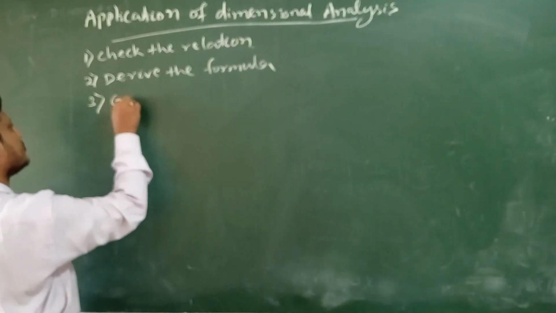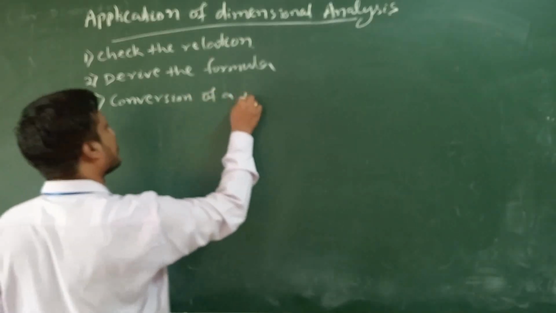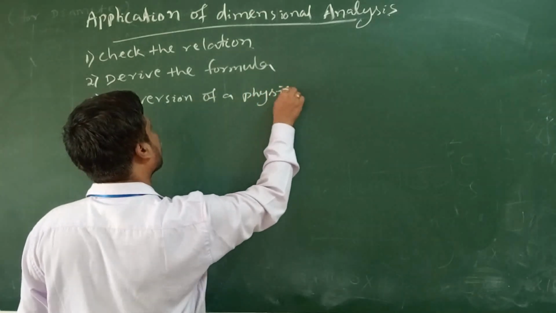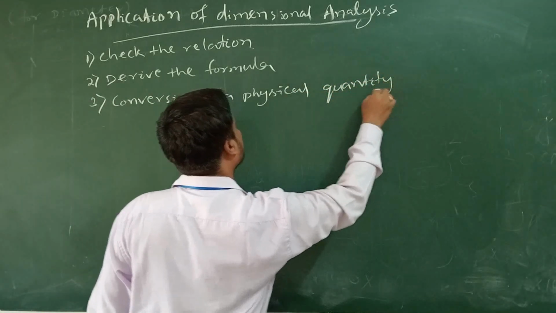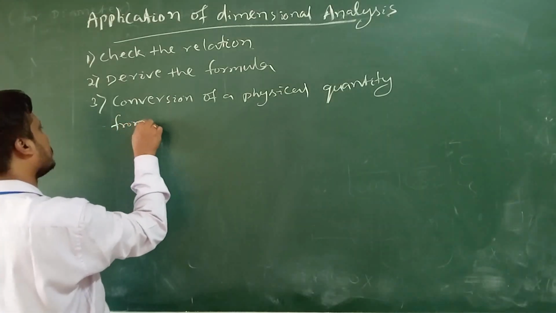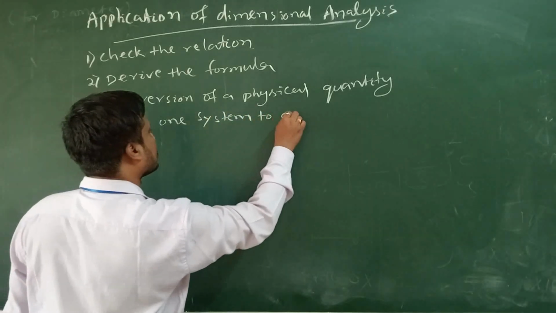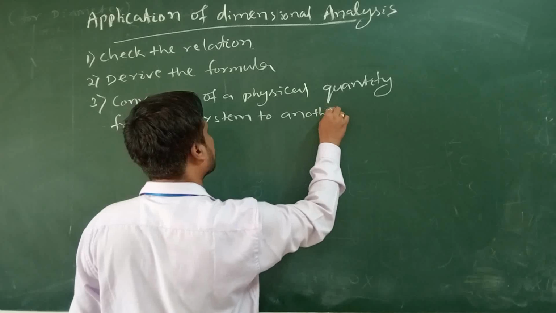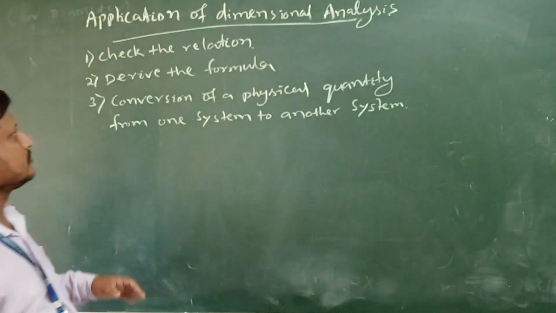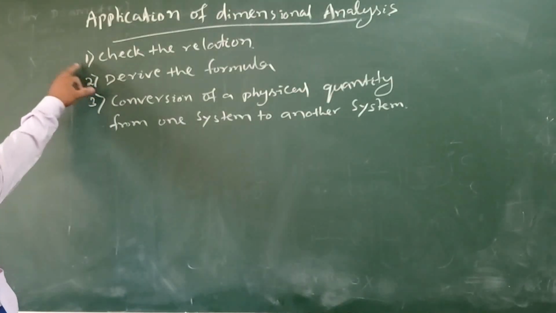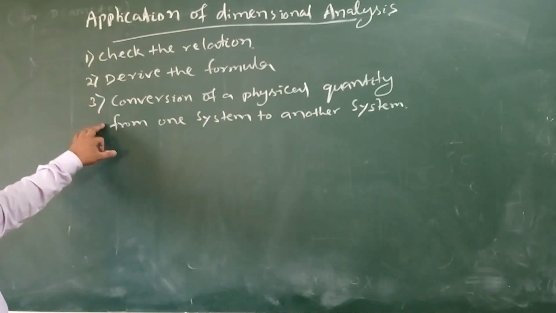Number three is conversion of a physical quantity from one system to another system. So first one is check the relation, second one is derive the formula, third one is conversion of a physical quantity from one system to another system.